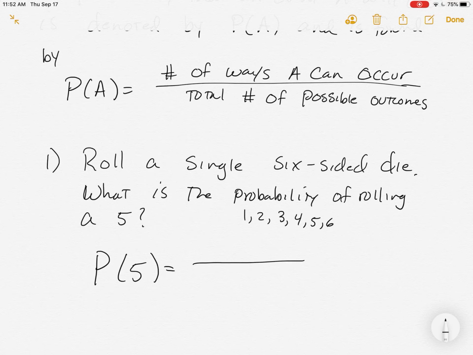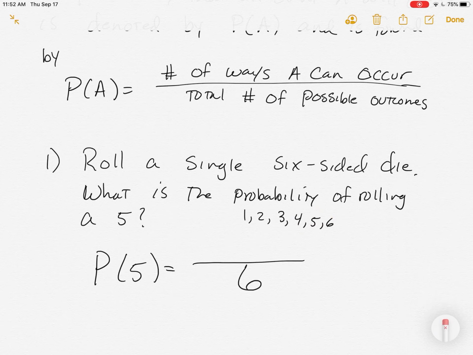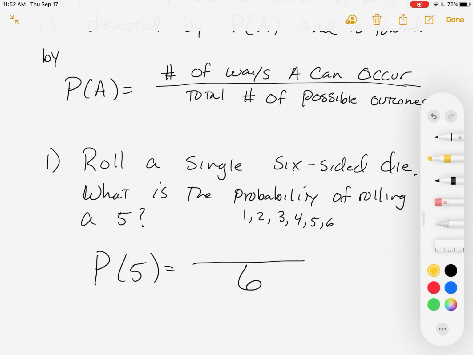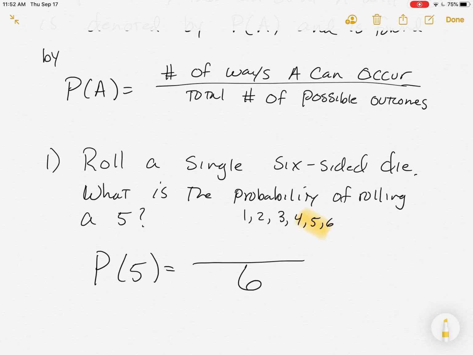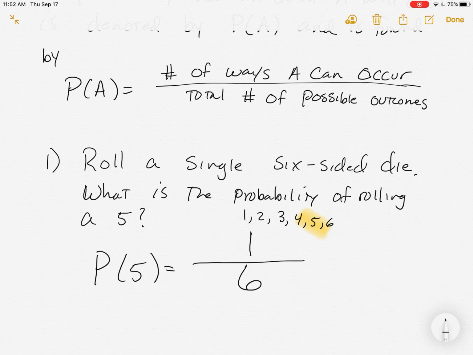Those are the possible outcomes with a single roll of a die. Well, that's 6 different outcomes. That's the total number of outcomes that could happen on this one throw. A 1 could come up, a 2 could come up, and we want the probability that a 5 comes up. Well, here's 5. Sorry about that. So 5 is that one number right there. And so the number of ways a 5 could come up is 1.